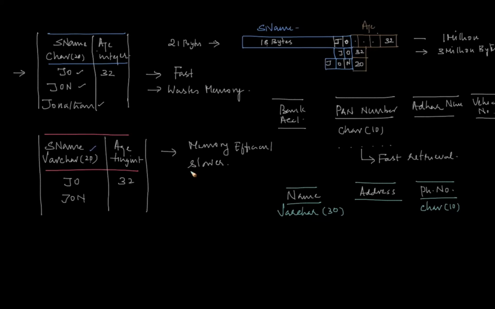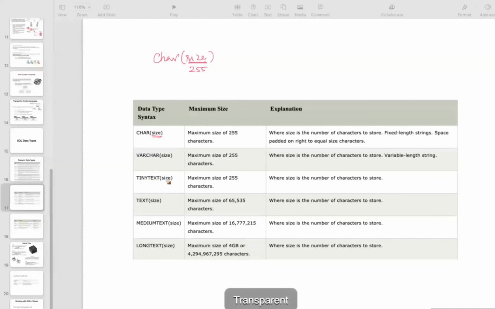So depending upon your requirement, you will either choose char or varchar, which flavor of integer is right for you, which flavor of floating point is right for you. Depending upon that, you will choose your data type. If you want to store bigger chunks of data, like product descriptions, articles, books, you will go for text, medium text, or long text.